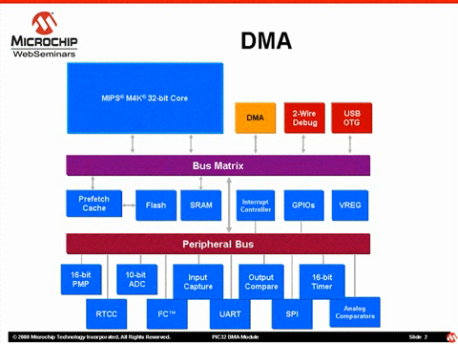As shown in this block diagram, the DMA module is located on the CPU bus, meaning that it runs at the same speed as the CPU. The DMA module can access any memory mapped address in the system, be it SRAM, flash memory, or peripheral SFRs. Now let's look at the DMA module in more detail.